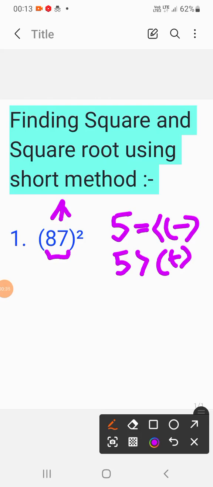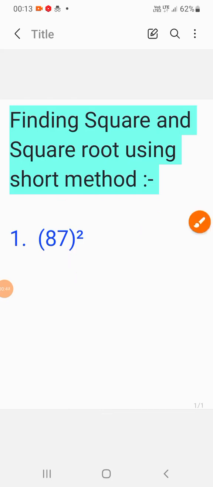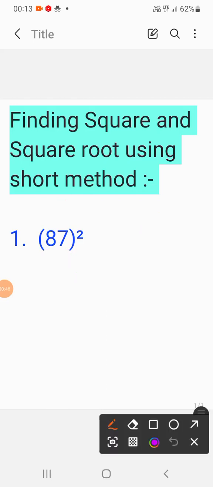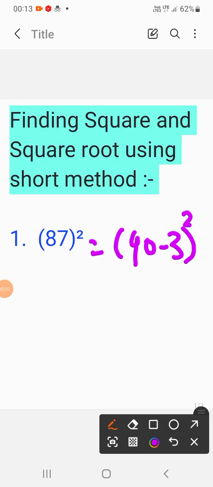And the number closest to 87 is 90. So 90 minus 3, which would be 87. Now we will write the square of 90, which would be 8100, and the square of 3, which would be 9.